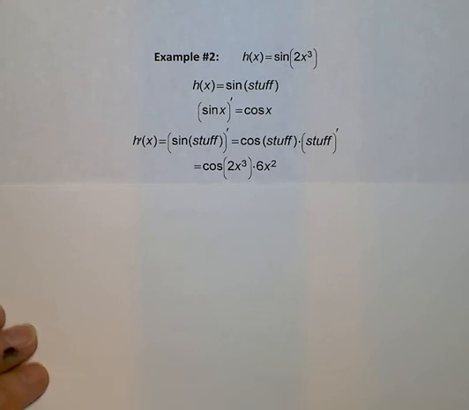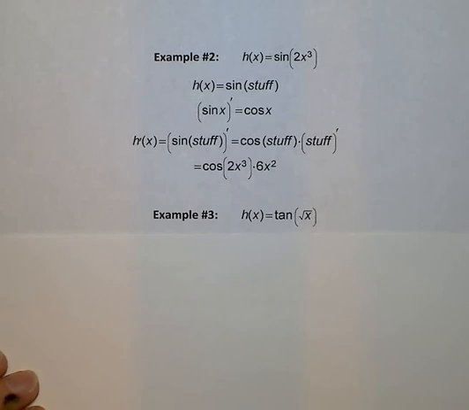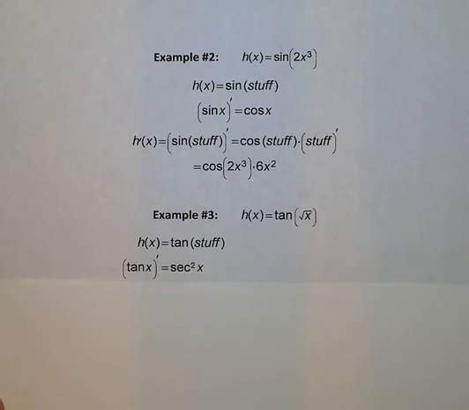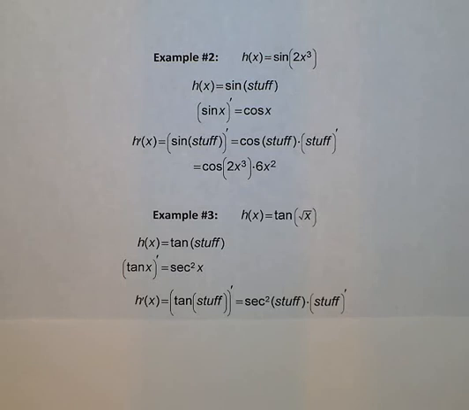A third example, let's look at h of x equals the tangent of square root of x. h is of the form tangent of stuff. If we only had tangent of x, its derivative is secant squared x. So to differentiate tan of stuff, we need secant squared of stuff times the derivative of the stuff.